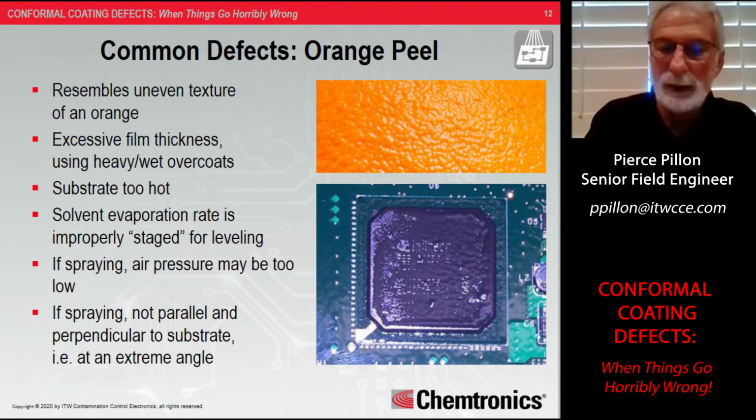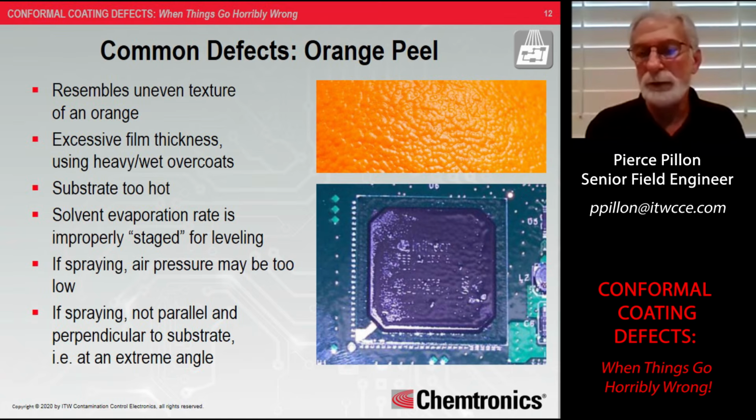If you're spraying at an extreme angle, you're putting pressure behind that coating, and it can push that coating away from the point of contact on your previous coat. It can result in orange peel. It can also result in other conditions for potential defects.